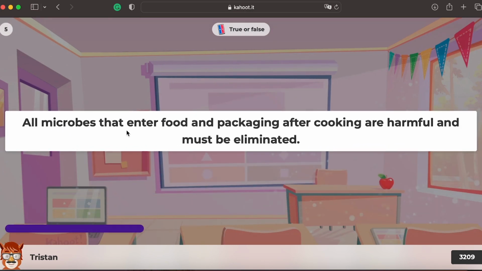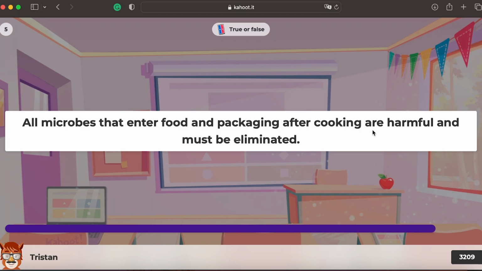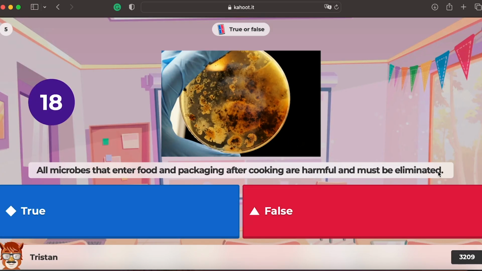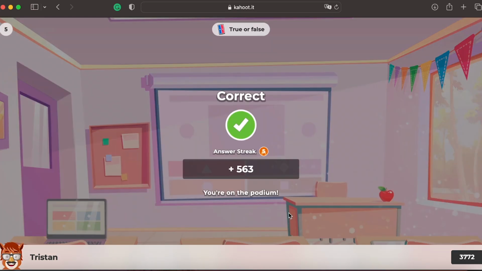All microbes that enter food and packaging after cooking are harmful and must be eliminated. Actually, some people when they cook yogurt, after that they put yeast into it. So I don't think that all.